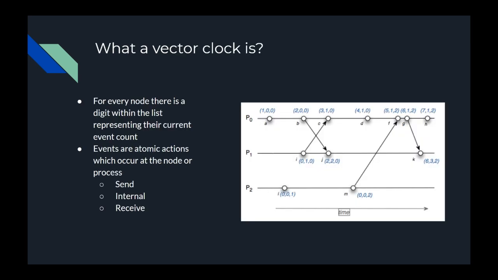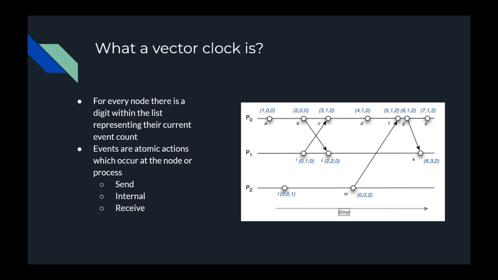So here we go. What a vector clock is: for every node, there's a digit within a list representing the current event count, like what I said. And events are atomic actions which occurred at the node or process during a send, an internal process, or a receive. If you look at this diagram, we see P0 does its own event, maybe it increments something. Now it's 100.